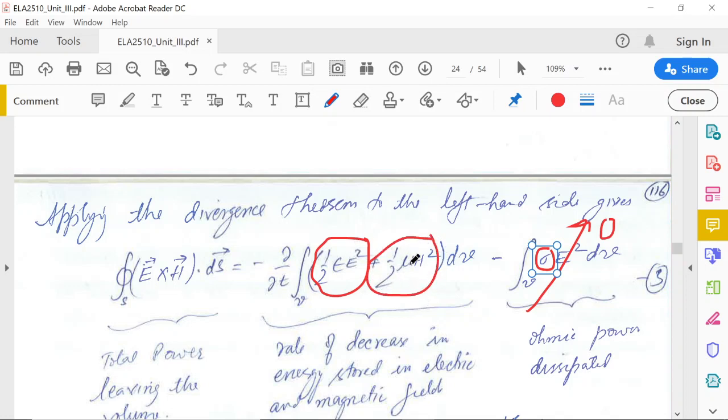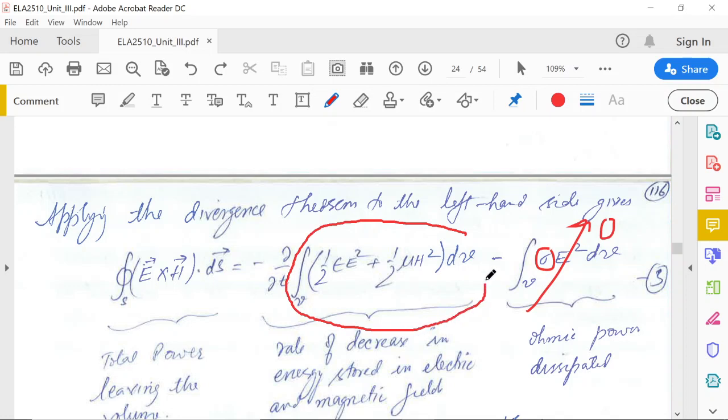If you have some volume with electric and magnetic fields inside it, this will be the total energy density, and when you integrate over the volume V, you will get the total energy. So this part is the total energy within a volume due to the electric and magnetic fields.